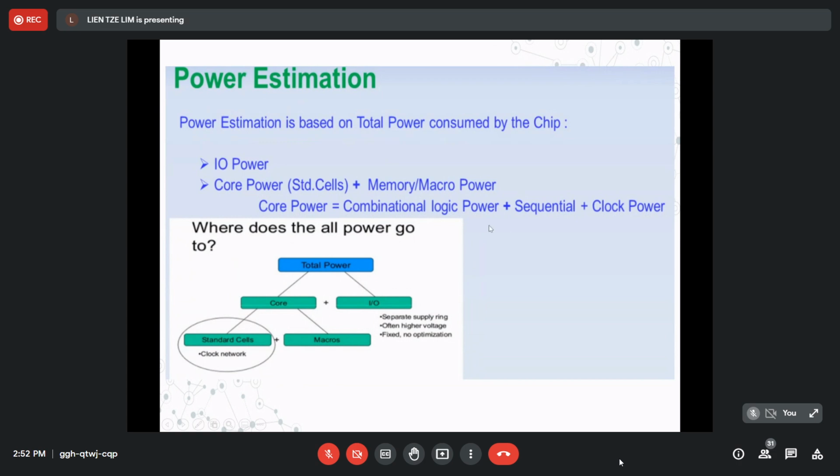All these circuits consume power. So we must make sure there is enough power supply to the chip.